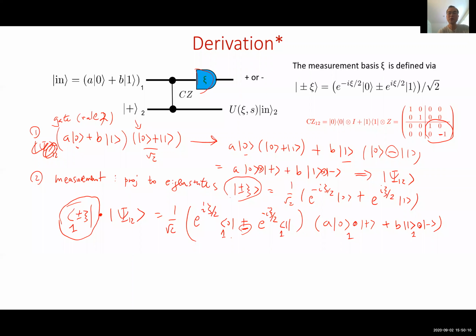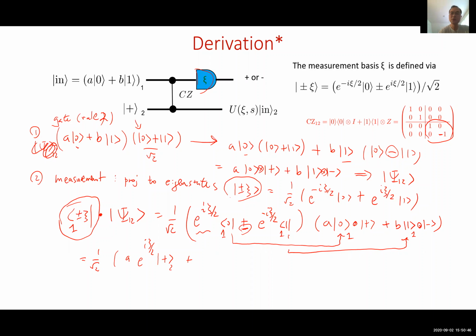So the calculation goes as follows. You can only take 0 dot into 0, right? Because 0 dot into 1 will be 0. 1 can only dot into 1. So there are only 2 contributions. So the first contribution is 0 dot into 0. 0 dot 0 is a number, but the state that's left is the second qubit, and the coefficient is a times psi over 2.